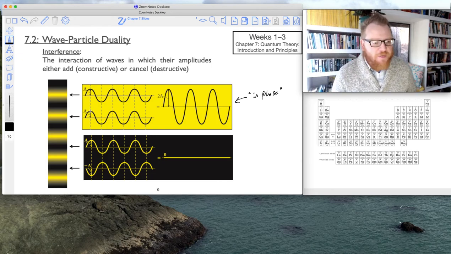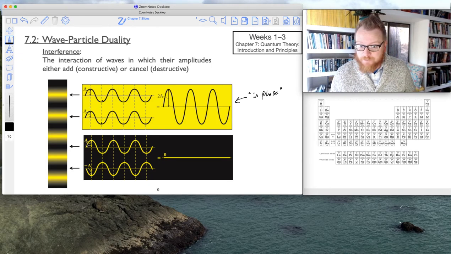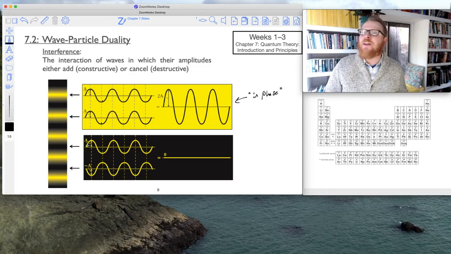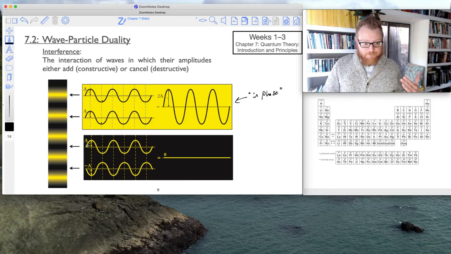In other words, the peaks line up and the troughs line up. And we usually indicate the phase by the degree.